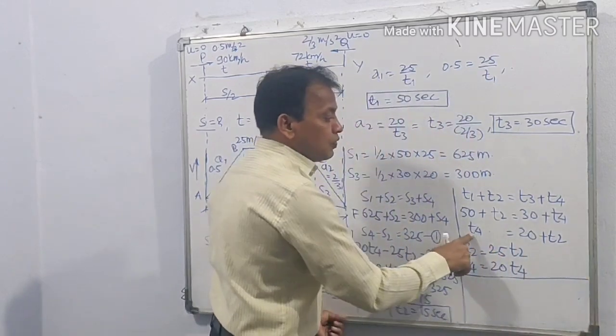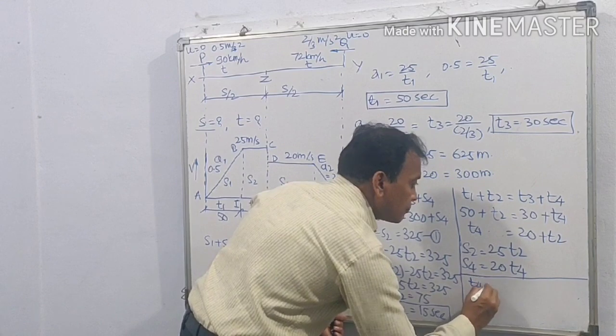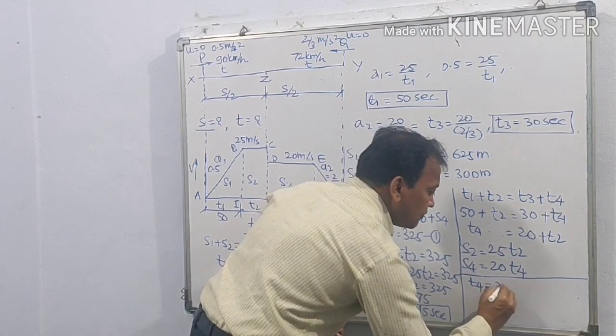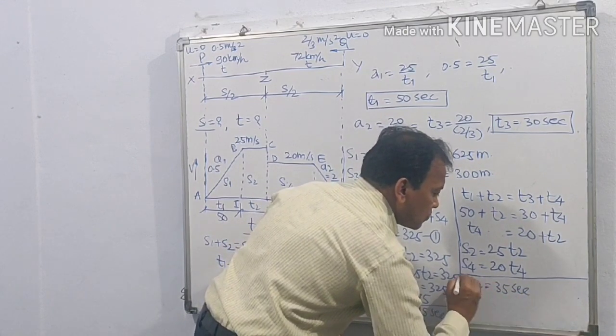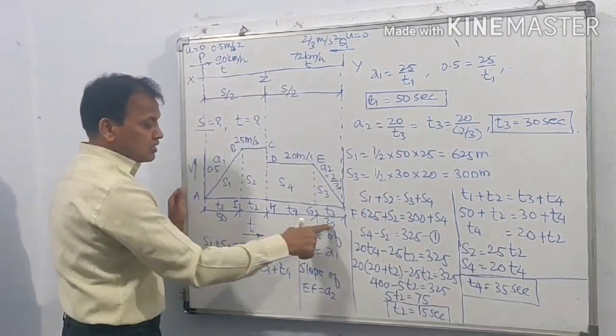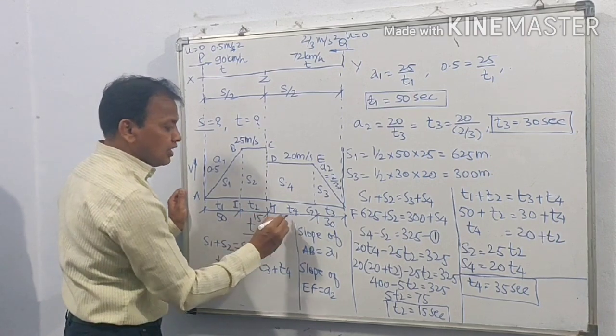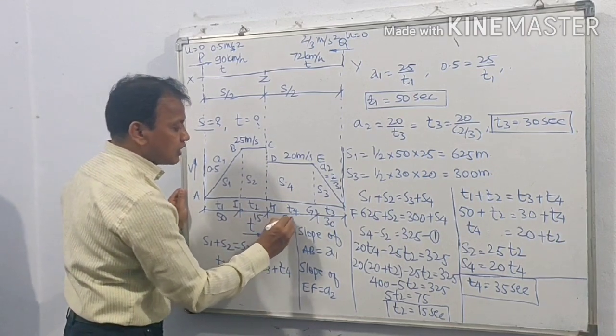Therefore T4 is equal to 20 plus T2, that is 35 seconds. Here T1 is 50 seconds, T3 is 30 seconds, T2 is 15 seconds and T4 is 35 seconds.